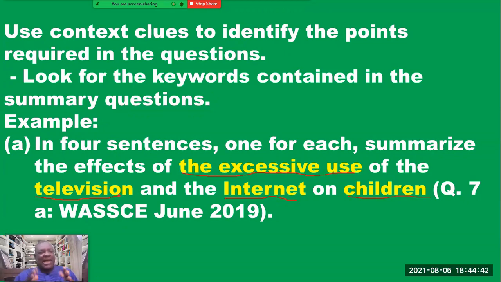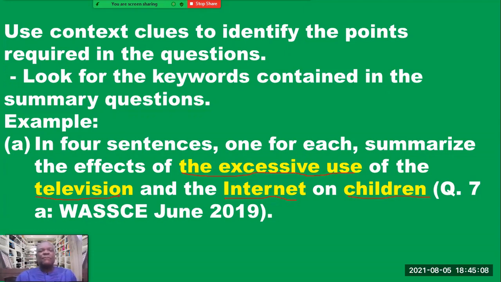What you are asked to summarize is the effects of the excessive use of the television. As you read the passage, you will be looking for where the writer is talking about the effects of the excessive use of the television and the internet, and then on children. So when you find where these effects are on adults, you are not concerned with that.